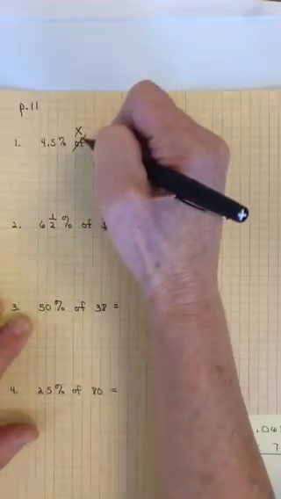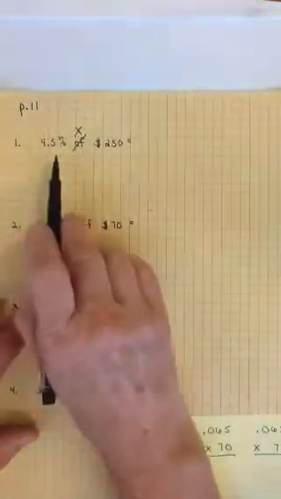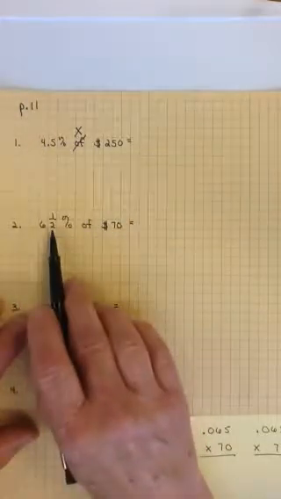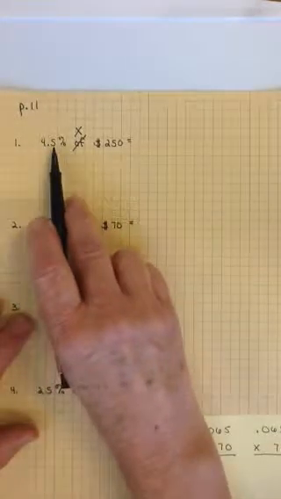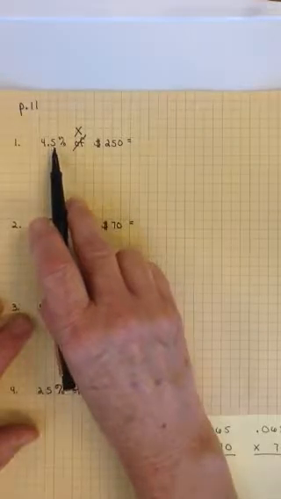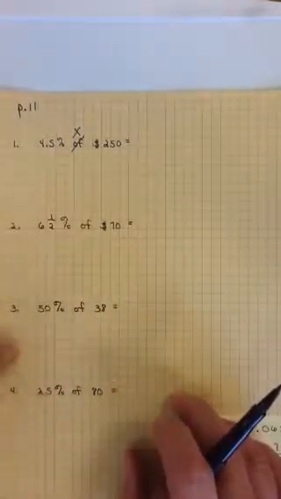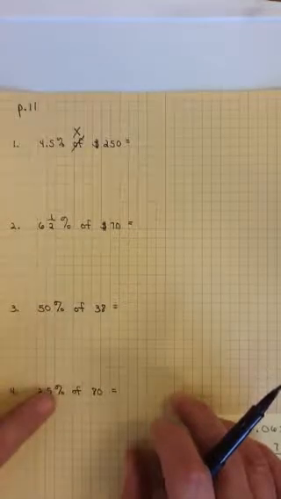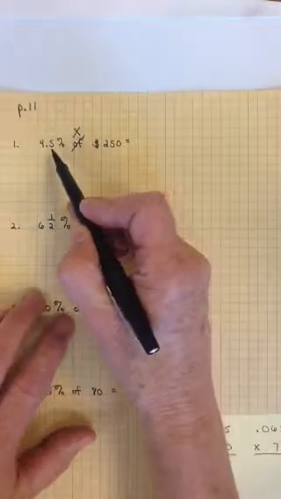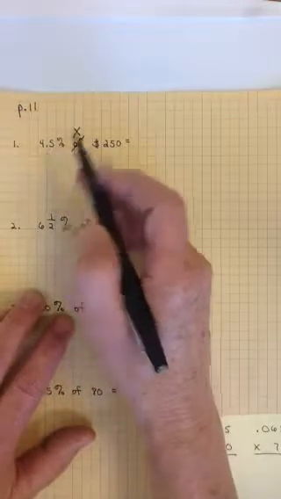The of means multiply. And the instructions on the first 2 rows tell us to change the percent to a decimal number and multiply. The instructions on rows 3 and 4 tell us to change the percent to a fraction and multiply. So we're going to start out with decimal multiplication first.